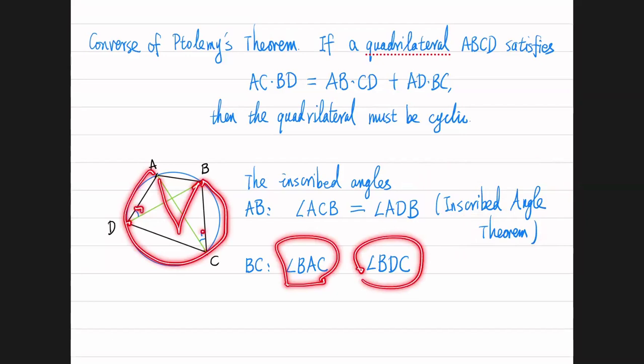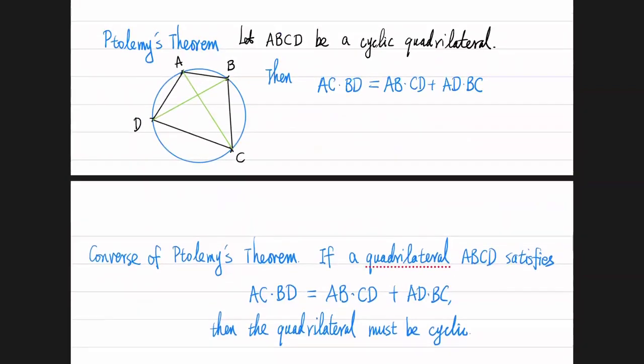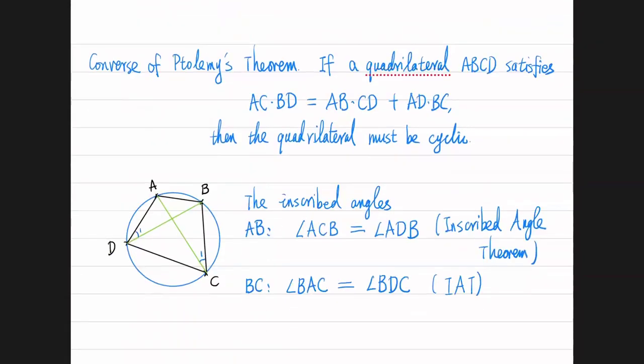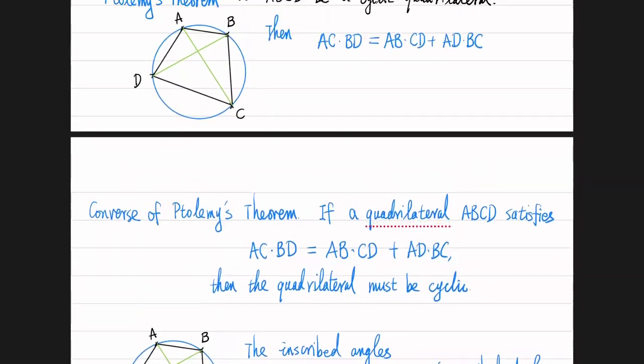Both are equal to half of the same angle, so they must be the same. Yes. Again, I will use IAT for short. That's what I was trying to say, but I mistook O for the intersection and got myself confused. So we use the center. Maybe I put the center over there, because here we have a lot of angles and I don't want to put one more point.